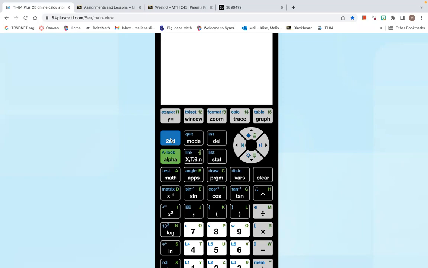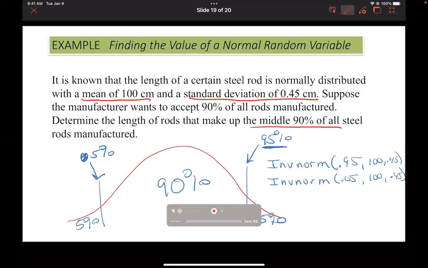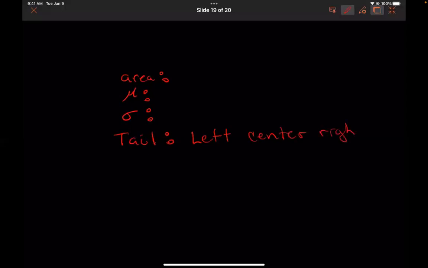So I'm going to draw it because my calculator is being rude. What I have on mine says area, then I have mu, I have standard deviation, then I have tail: left, center, right. And then paste.